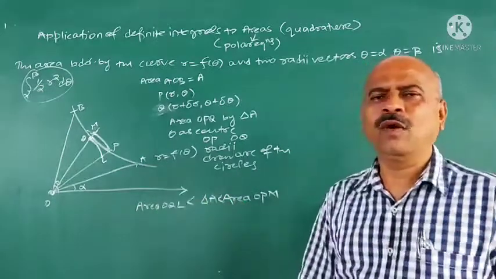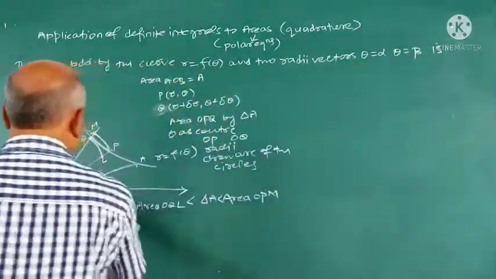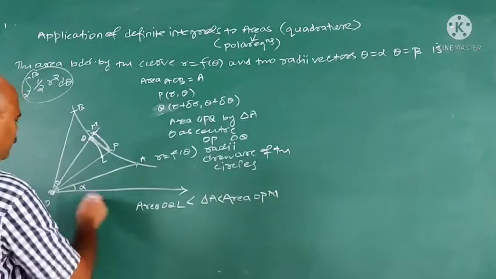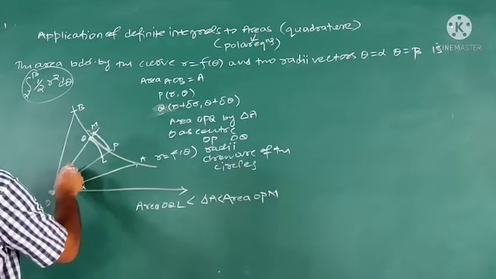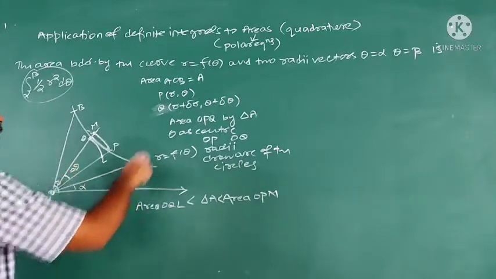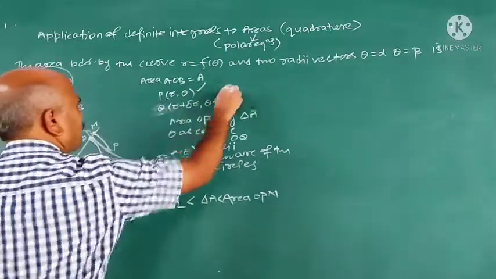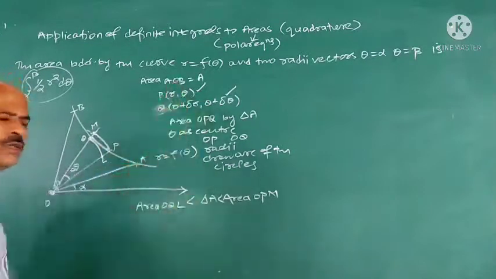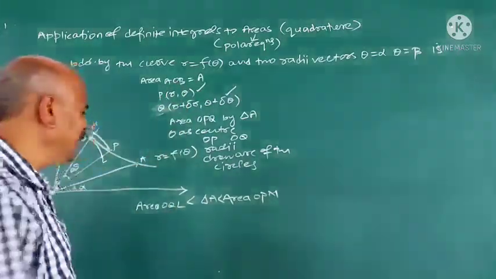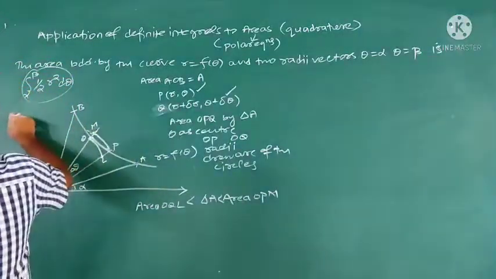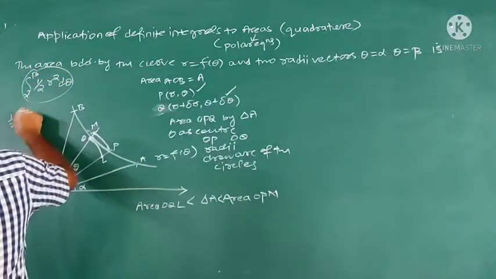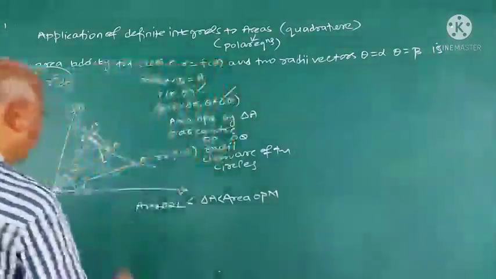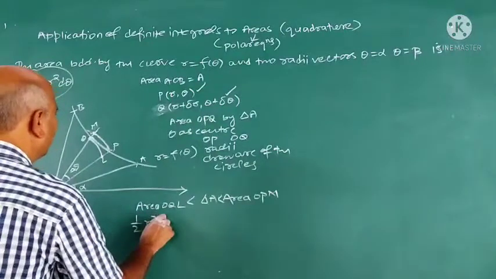We have the formula for area of the sector. What is the radius of the circle? Angle is delta theta. Why delta theta? Because this angle is delta theta, difference between the vectorial angles of Q and P. What is area of the sector? Half r square theta. It is area of the sector.